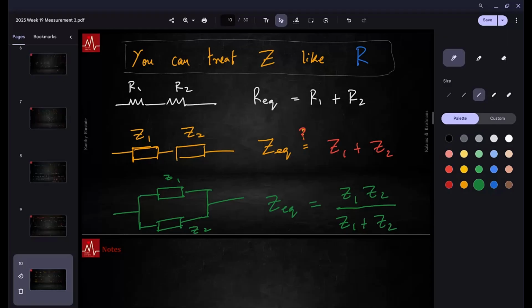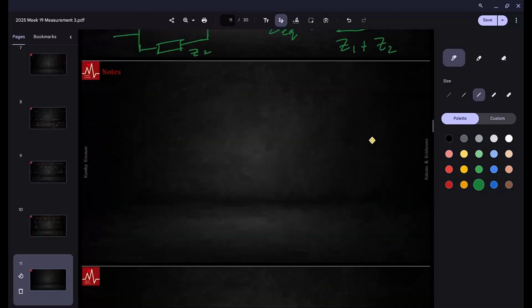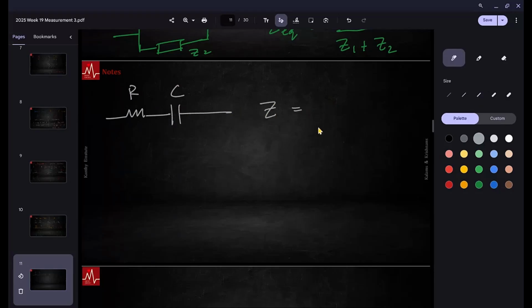So if you got this, let me give you a couple of specific cases. Equals what? Impedance of, let me write it for this one. This is ZR plus ZC.